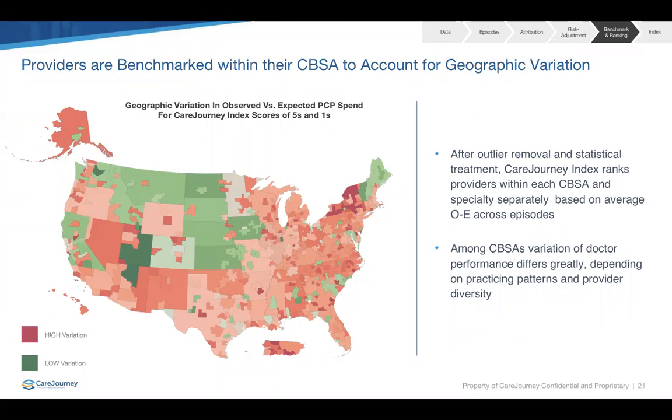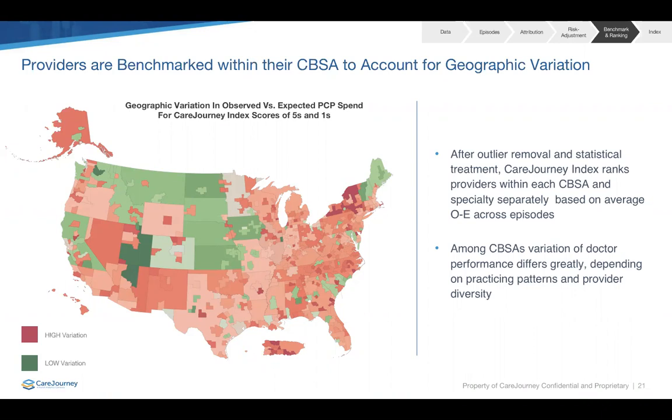How can we track markets in the country where the performance for the best performing doctors, the fives, in relation to the ones, those that we tagged as being the underperformers? How might we describe the variation in a given region? How far off are the higher performers from the lower performers on total cost of care?